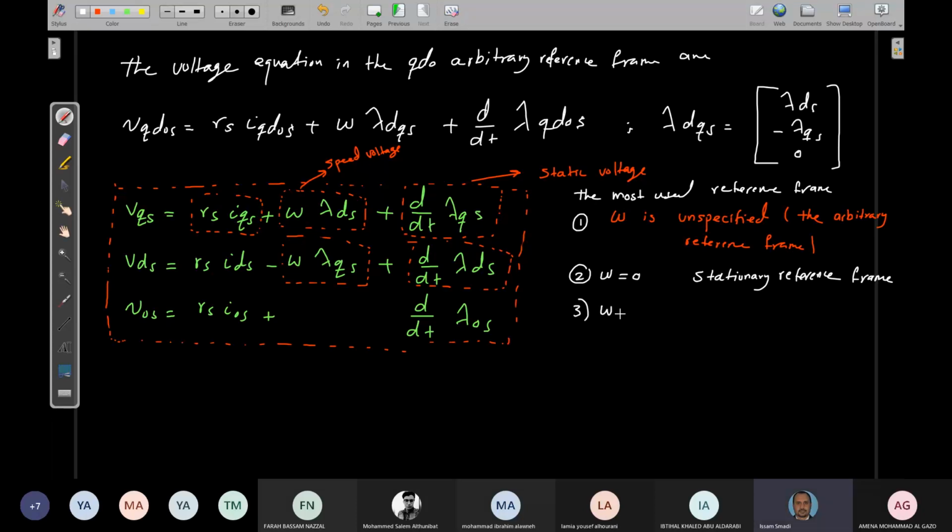And if omega is equal to omega_r, this is called the rotor reference frame, which means that the frame is attached to the rotor. And lastly, if omega is equal to omega_e, or sometimes we call it omega_s, this is the synchronously rotating reference frame, which means that the reference frame is rotating at synchronous speed.